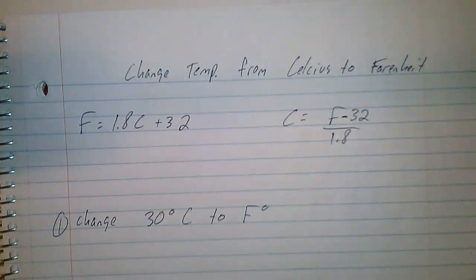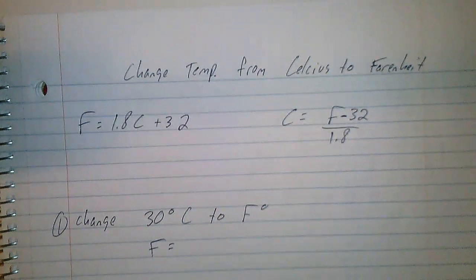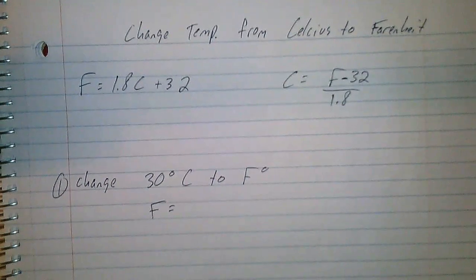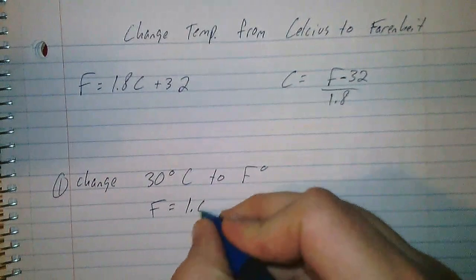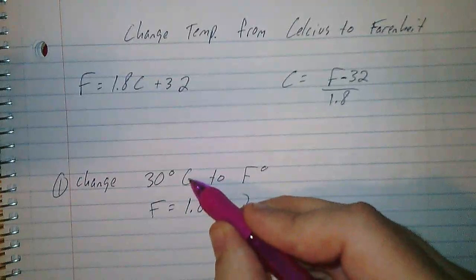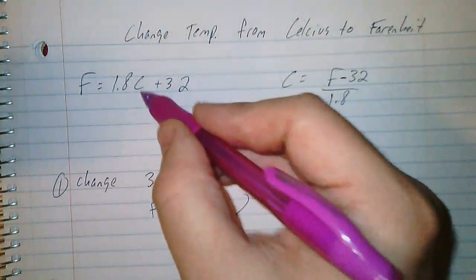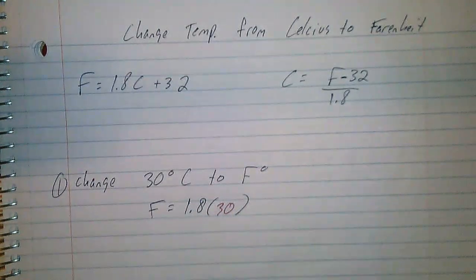So let's convert 30 degrees Celsius to Fahrenheit. So this is not really a unit conversion like the previous problems we were working out. In this case, you'll just kind of plug this value in. So again, we use this formula. There's our 1.8. We are given our degrees Celsius as 30. I'm not bringing in the letter C, I'm just plugging in the value.